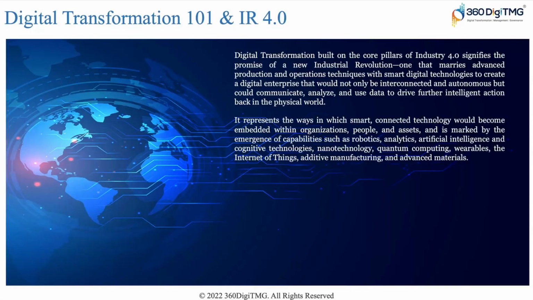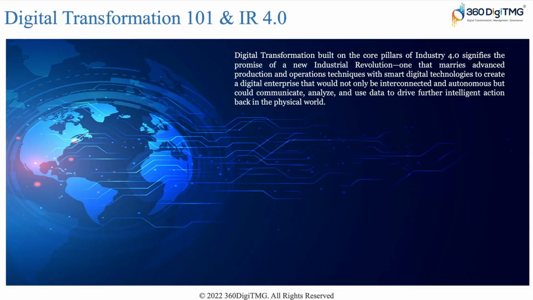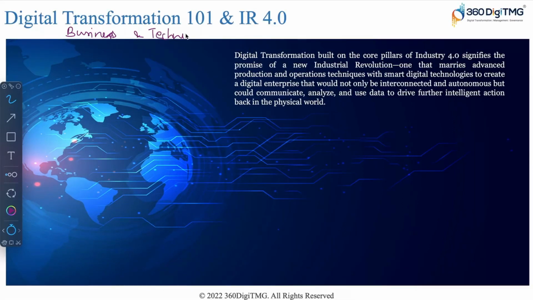So when it comes to digital transformation, the core of it lies in two things. One is obviously the business aspect of it, and another is obviously the technical aspect of it. And when it comes to the technical aspects, we can think about Industrial Revolution 4.0. It has a lot of pillars. One of those pillars is databases. Another is data science. Another is artificial intelligence.